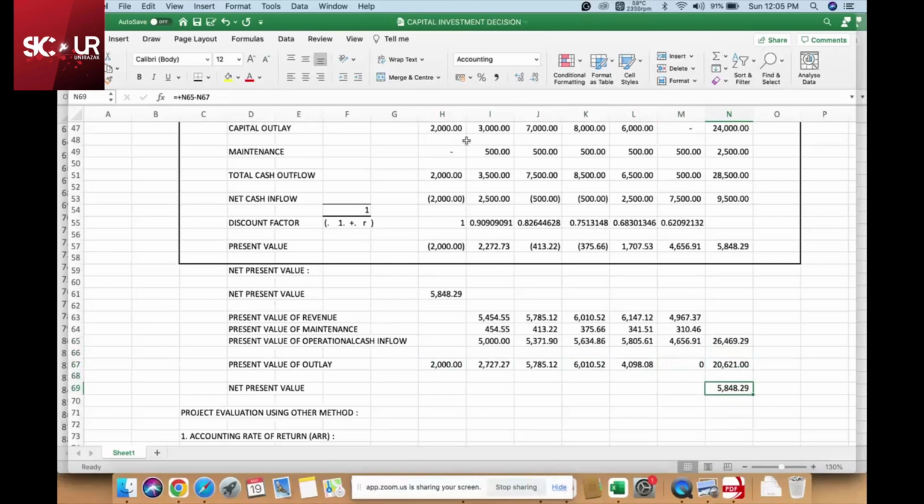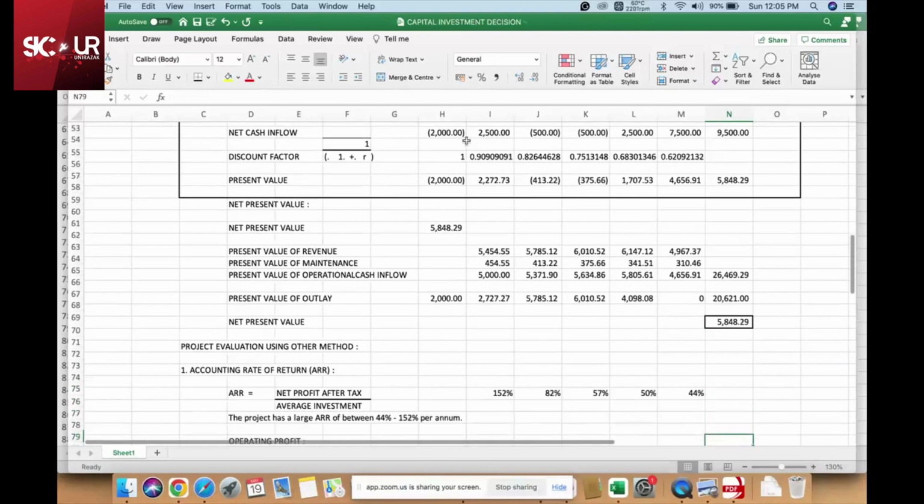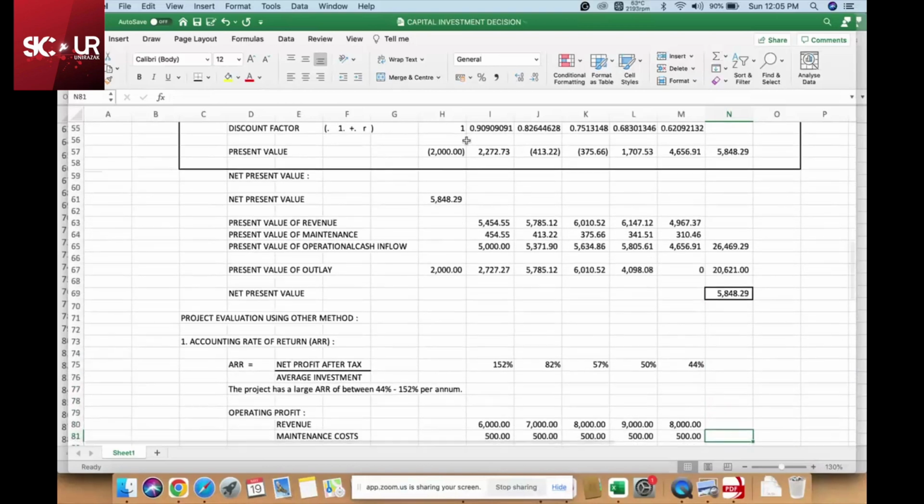So in this case, you will conclude that the project is viable because the net present value is in excess, at 5.8 million. This is actually a very good project at 10%, but maybe 10% is too low.